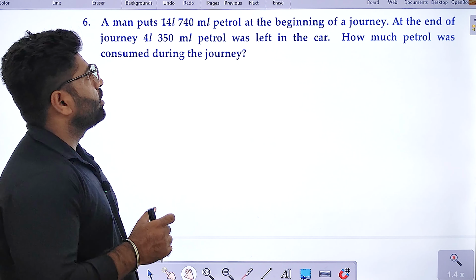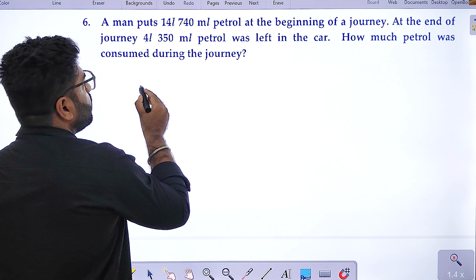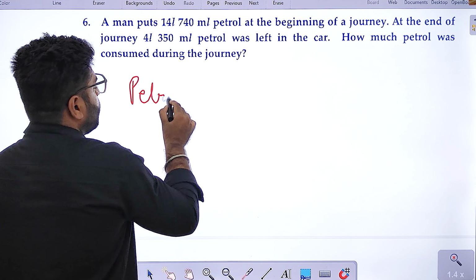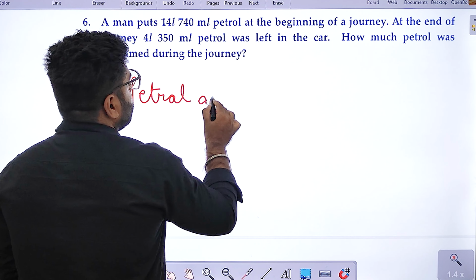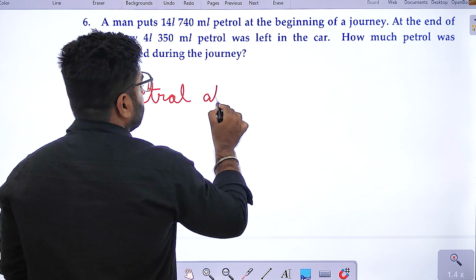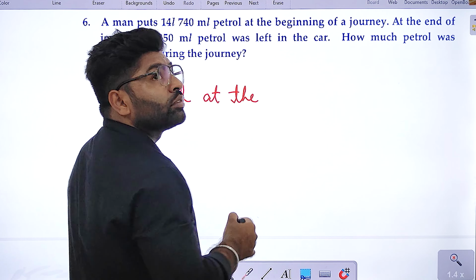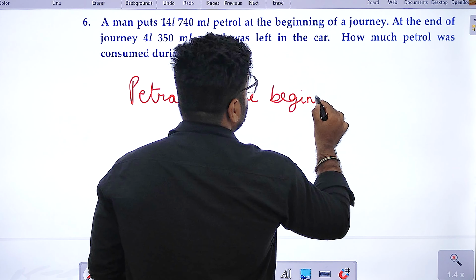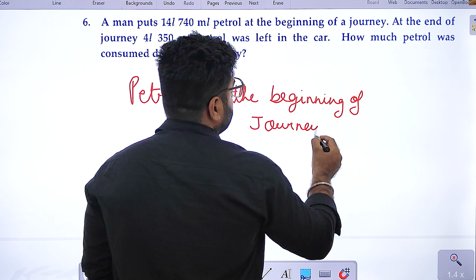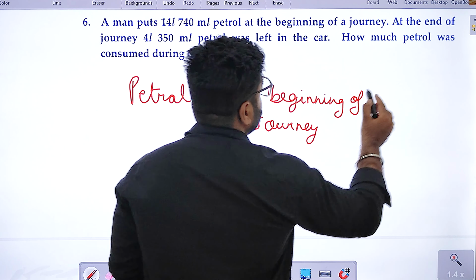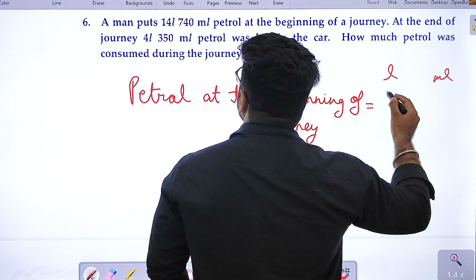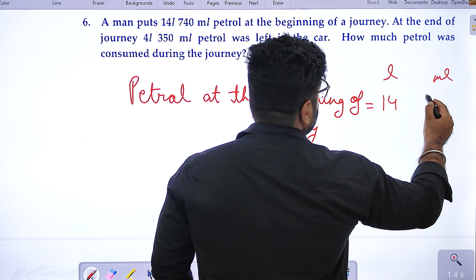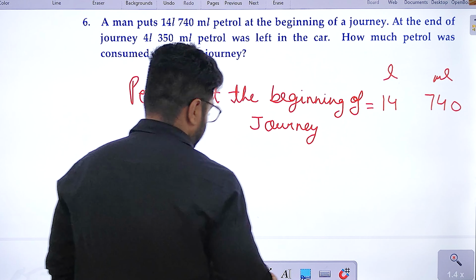Okay, let's start the statement part. So here we are having petrol at the beginning of journey. This will become liter and milliliter, and this is 14 liter and 740 milliliter.